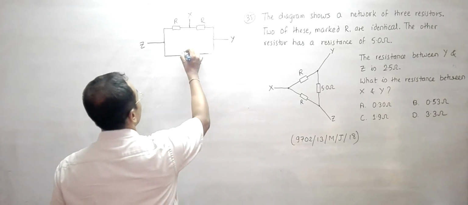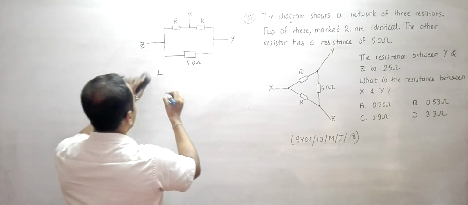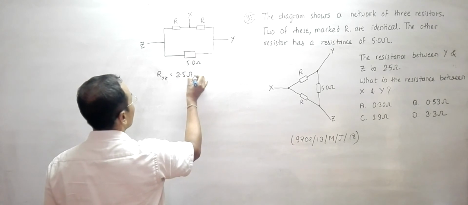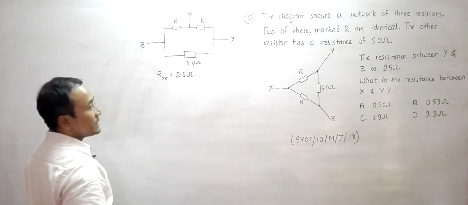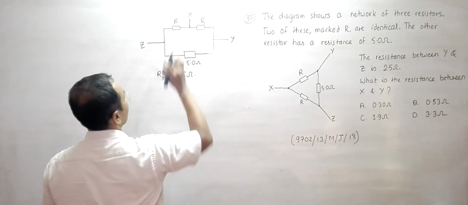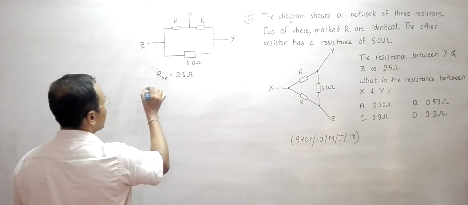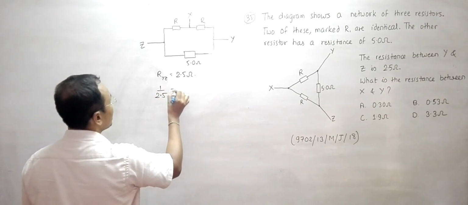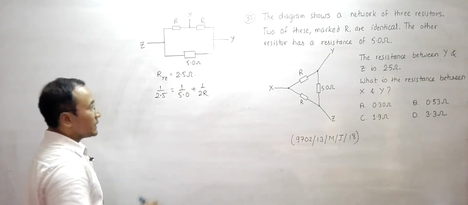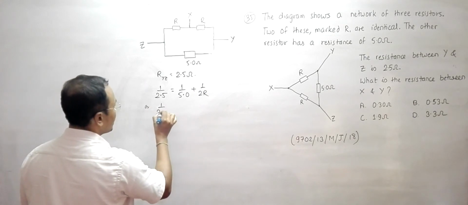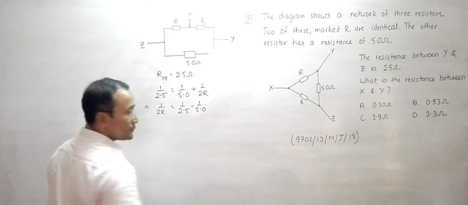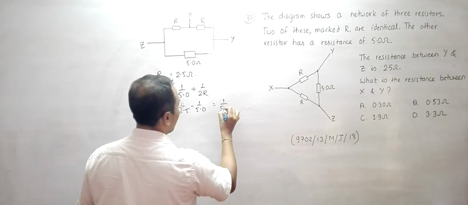So what it now says is we have RYZ equal to 2.5 ohm. This RYZ is a parallel combination of 5.0 and these 2 R's, which is 2R. So that gives us 1 by 2.5 equal to 1 by 5.0 plus 1 by 2R. So 1 by 2R equals 1 by 2.5 minus 1 by 5.0, which is equal to 1 by 5.0.